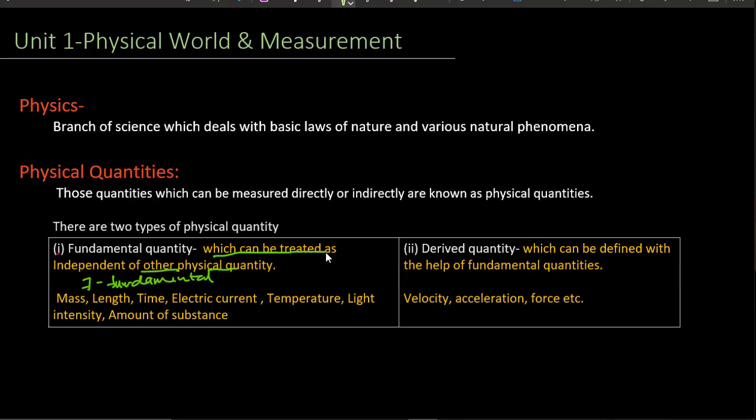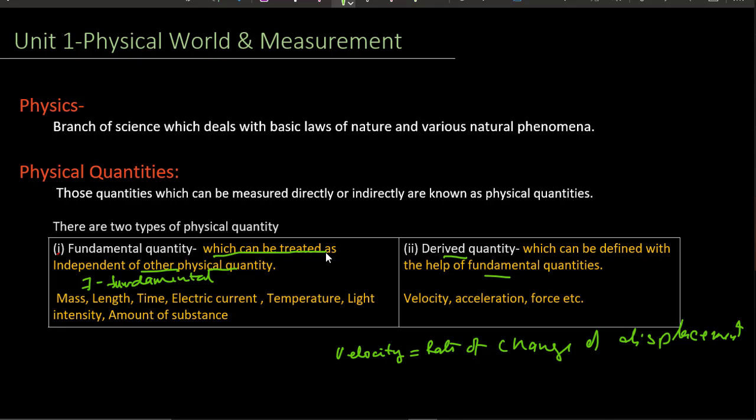And what are derived quantities? Derived quantities are those quantities which can be defined with the help of fundamental quantities. For example, velocity. Velocity is the rate of change of displacement.